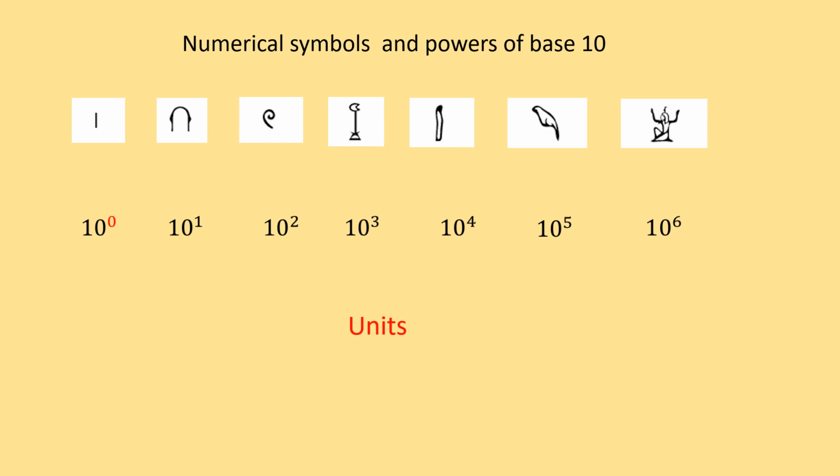So in units, we have no groups of 10, and therefore the exponent is 0, telling us that that is the number 1. 10 to the first power means that we have one factor of 10, or just 10. 10 to the second power means that we have two factors of 10, or 10 groups of 10, or 10 times 10, which would give us 100.